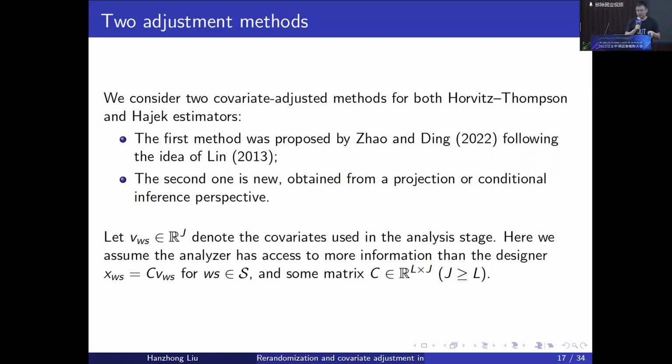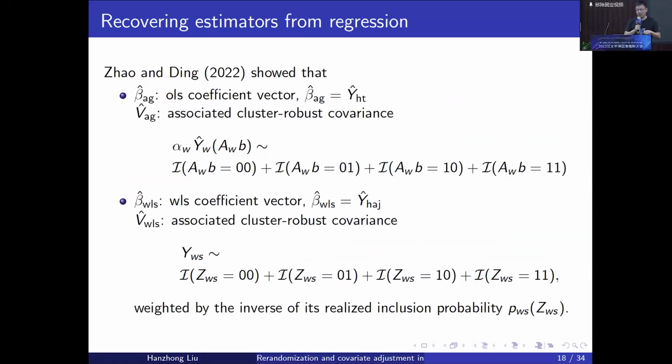Here we assume that in the analysis, we have more covariates than in the design stage. So I will use V to denote the covariates used in the analysis stage. Zhao and Ding have already shown that the Horvitz-Thompson estimator can be recovered from the following ordinary least squares fit of an aggregated outcome.